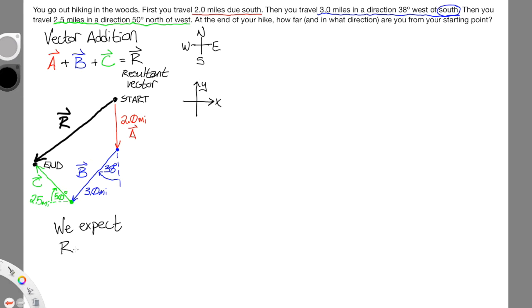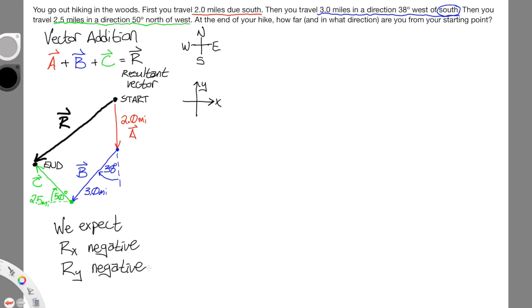We should expect the x component of the resultant vector to be to the left, or negative with our coordinate system. And we expect the y component of the resultant vector R to be in the southward direction, or also in the negative direction.